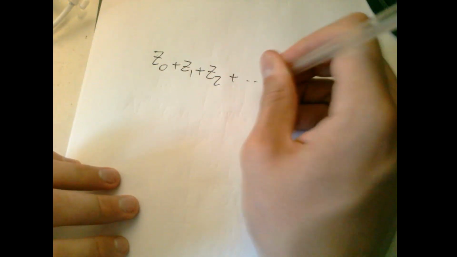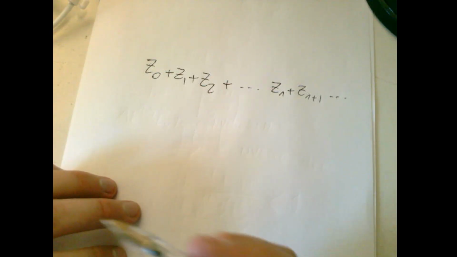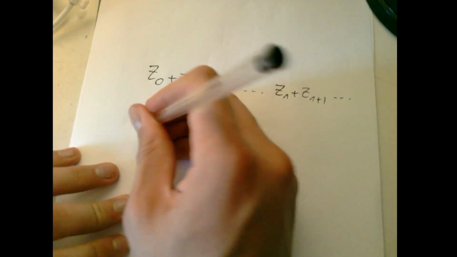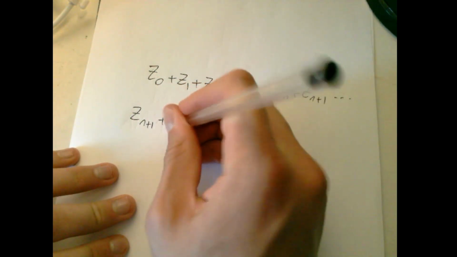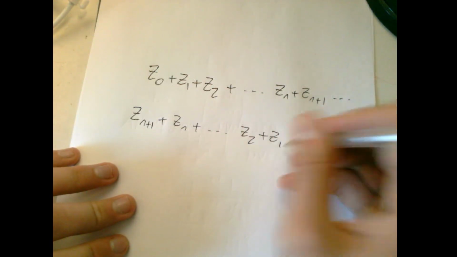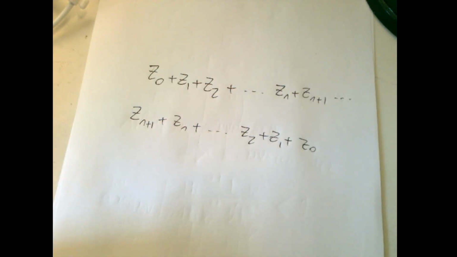For example, we have z0 plus z1 plus z2 and so on up to zn plus zn+1 and so on. If this series is absolutely convergent, we can read it back to front. For example, we can do zn+1 add zn, add z2, add z1, add z0, and this wouldn't change the value of the summation.